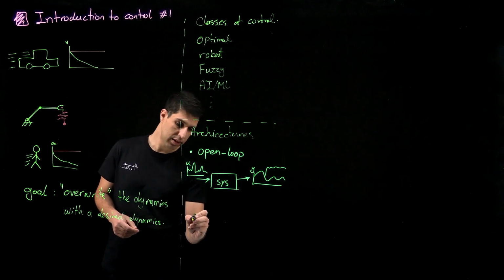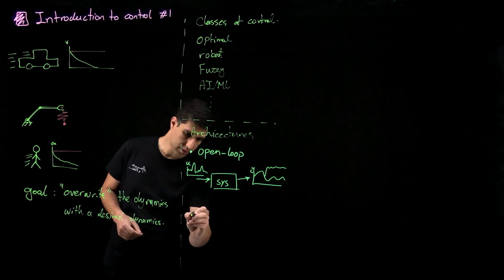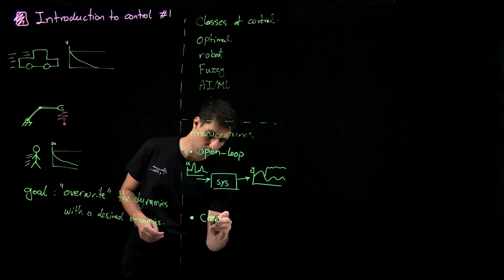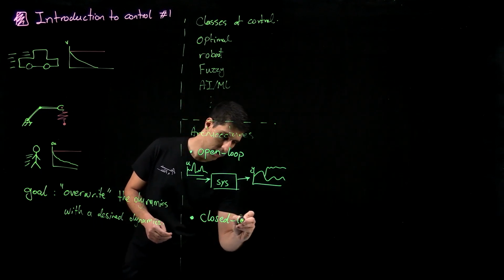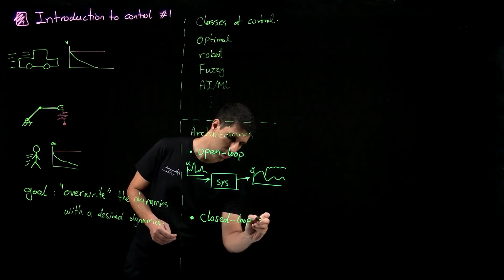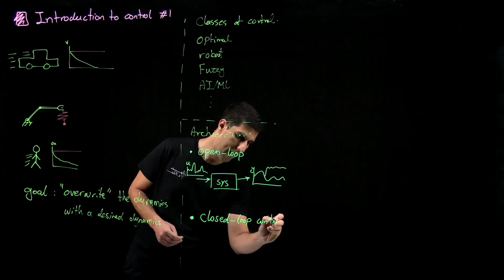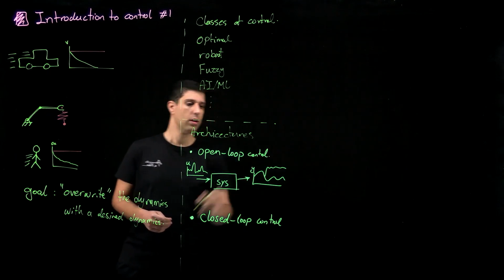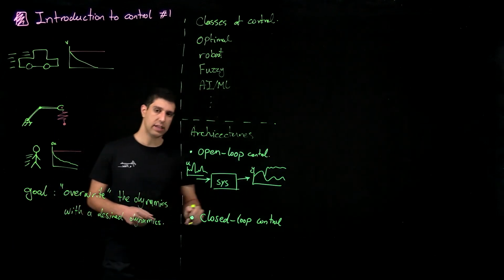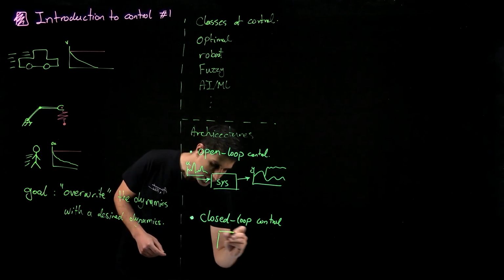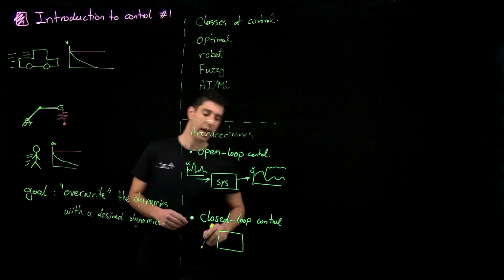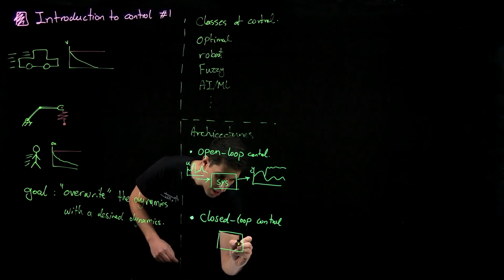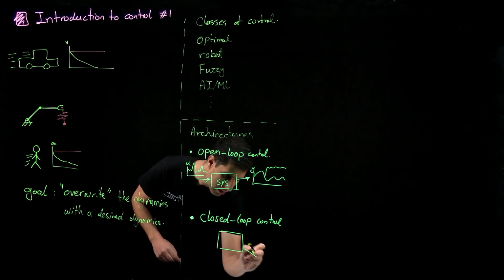On the other hand, we have another thing called closed loop control. And in closed loop, as the name suggests, you have the system, and you can measure something about the system.